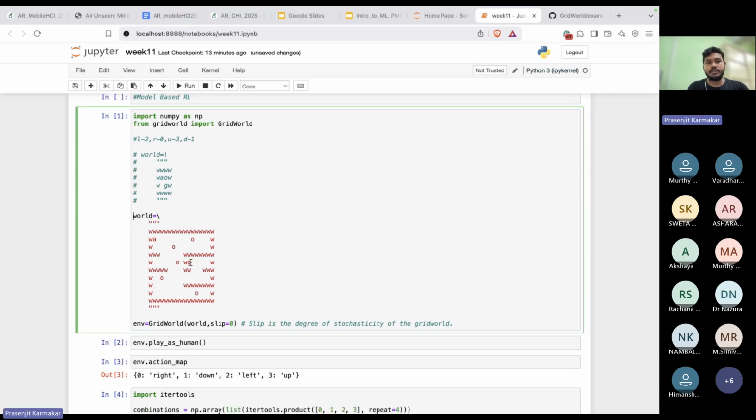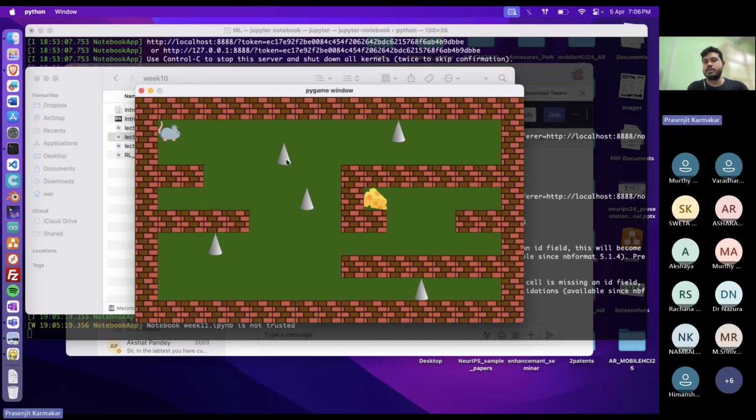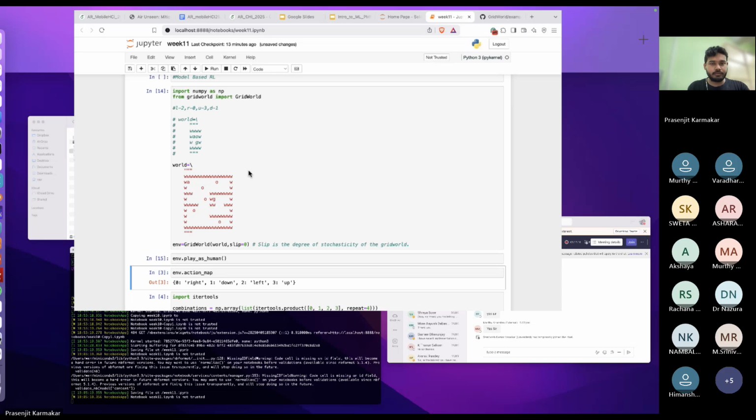But let's see what happens with this world. Play as human. So it looks like this. This is a fairly small environment, and by looking into it we can say this should be my optimal policy to reach the cheese. But let's see how many possible policies there are in this case.